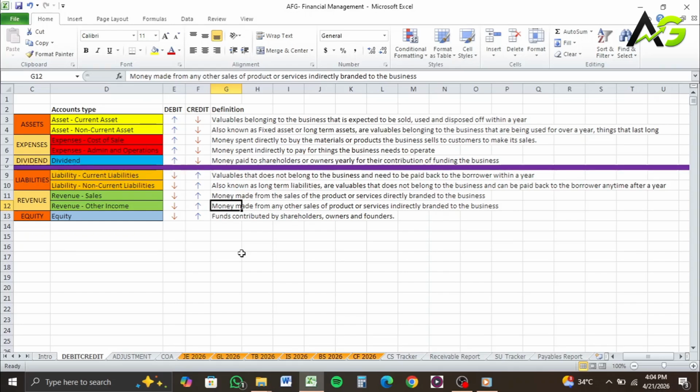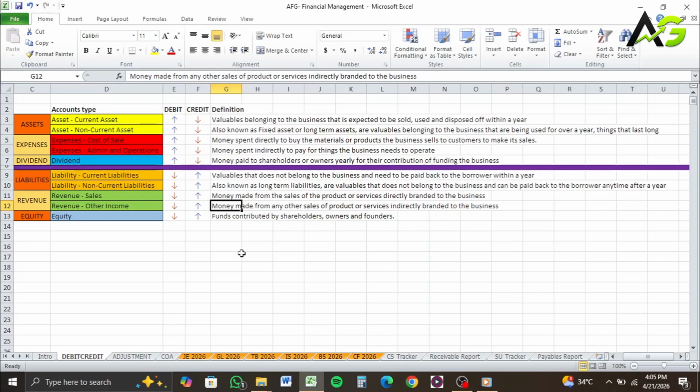Things like, for example, maybe a very cheap example I'll give. If one of your dispatch riders goes to deliver goods to one customer in maybe Ogun State or Ibadan, and they are now coming back, instead of wasting the trip, because fuel is not cheap, you decide to make more money on the way back.